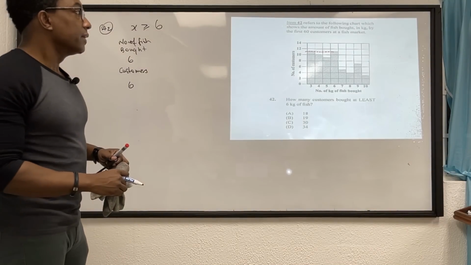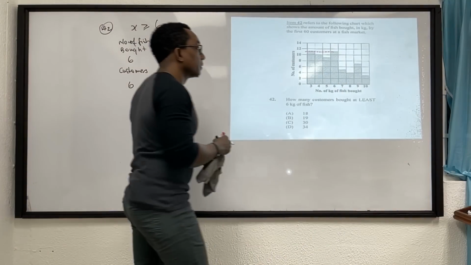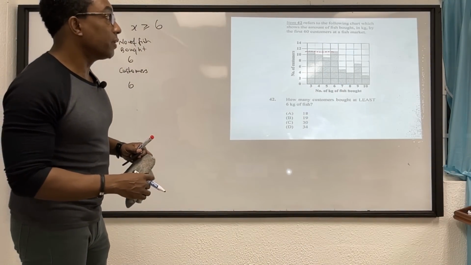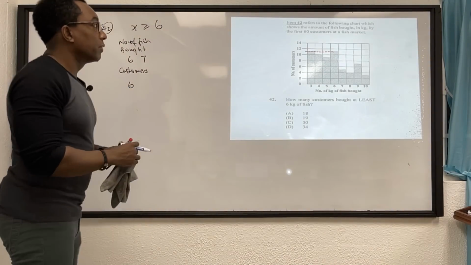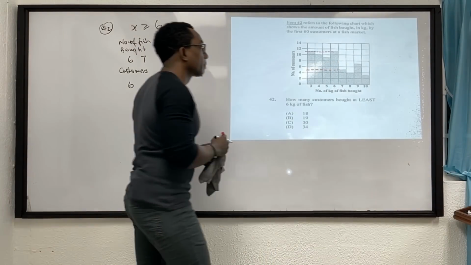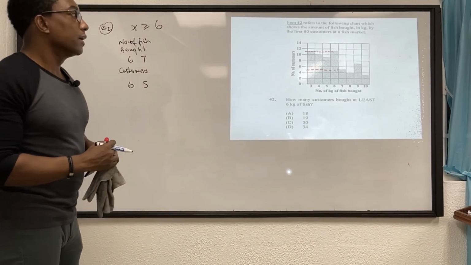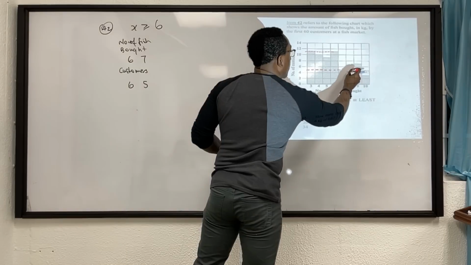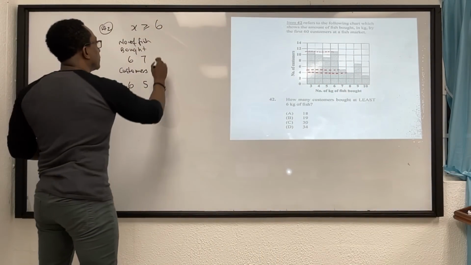So if we have 7, so at least 6 or more, we can add 7. 7 fish bought, how many customers bought 7? 7 corresponds to 5 customers. How many customers bought 8? That will correspond to 4.